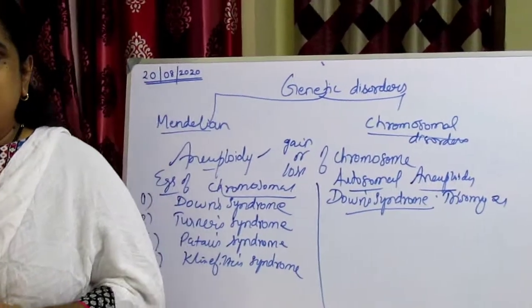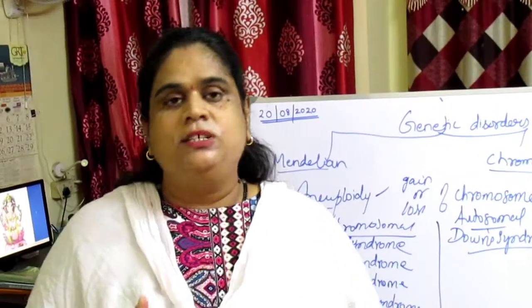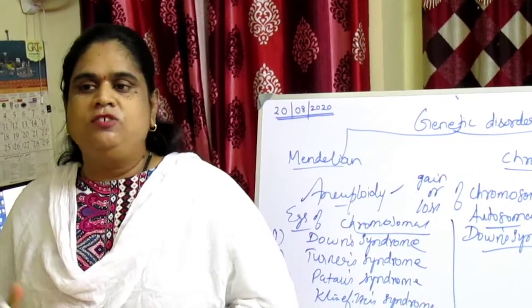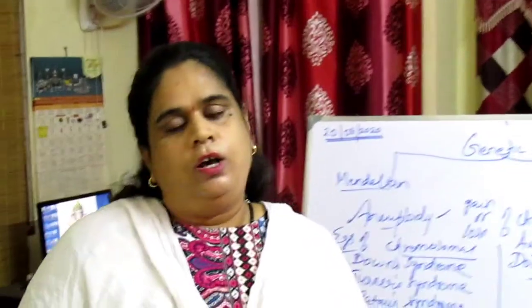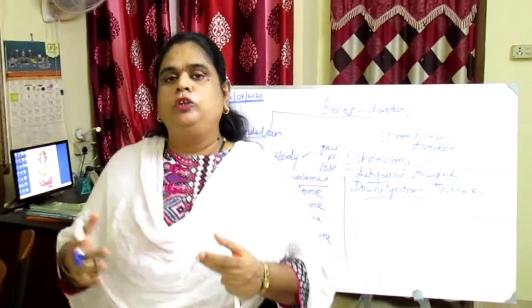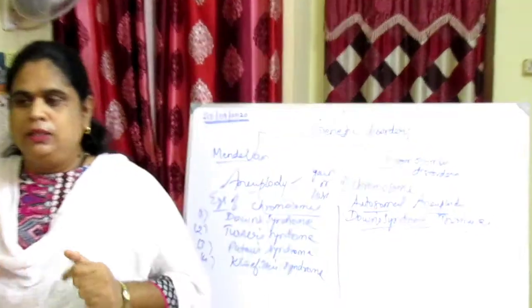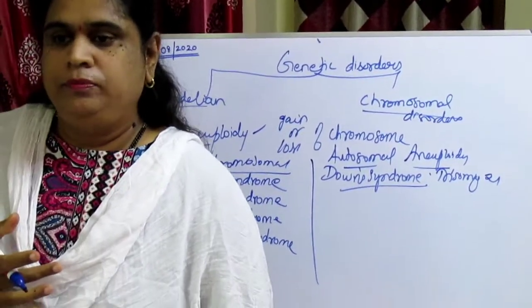This is due to meiotic non-disjunction, which is thought to be the cause of this chromosomal abnormality. Here there is a failure of two members of the chromosome pair to separate from one another during meiosis, causing both chromosomes to go to a single daughter cell. That is meiotic non-disjunction.